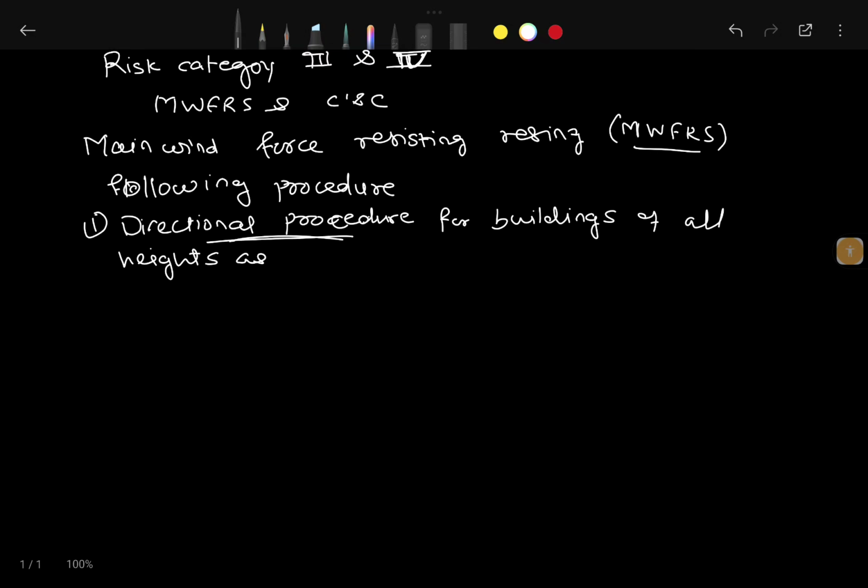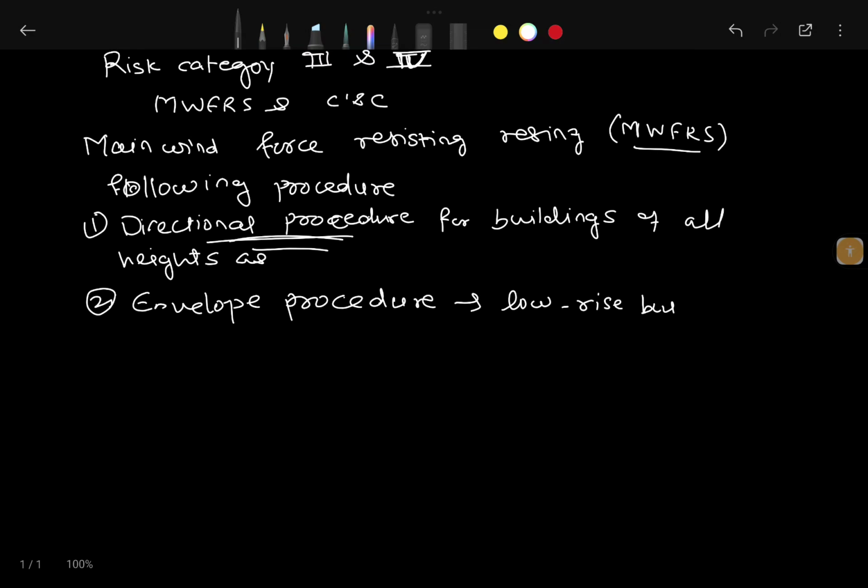So this first one is the directional procedure. The second one is the envelope procedure. This procedure is used for low-rise buildings. And the third one is the directional procedure for building appurtenances, rooftop structures, and rooftop equipment.